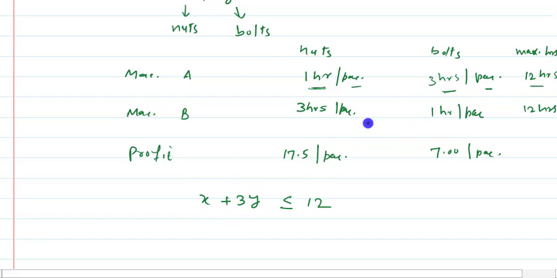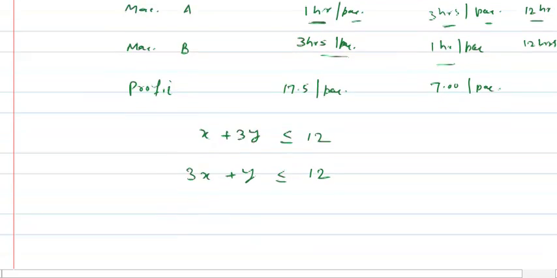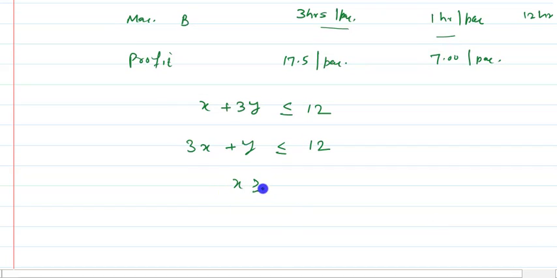So therefore the total time taken on machine A for nuts and bolts should be less than or equal to 12. Similarly, from this data we are having 3x plus y less than or equal to 12. And two more inequalities are x greater than or equal to 0 and y greater than or equal to 0. So here we are getting 4 constraints. These are the constraints.